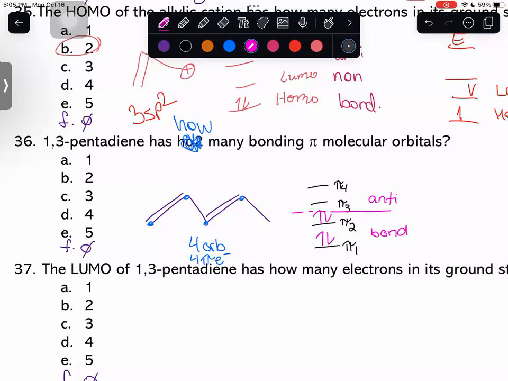Beautiful drawing. That's the correct one. What's going to be the answer for 36?